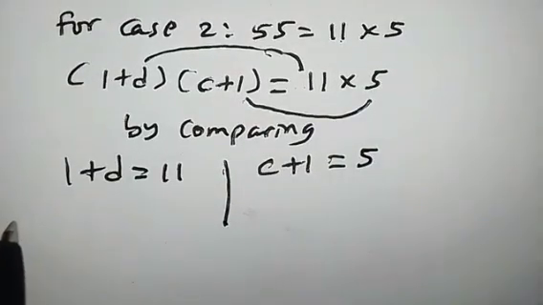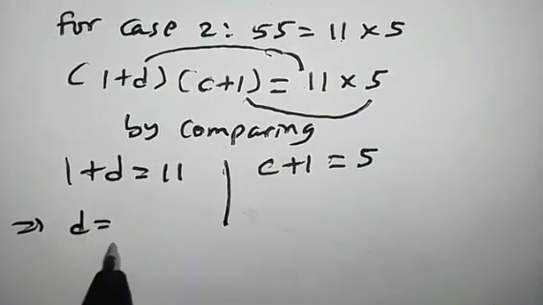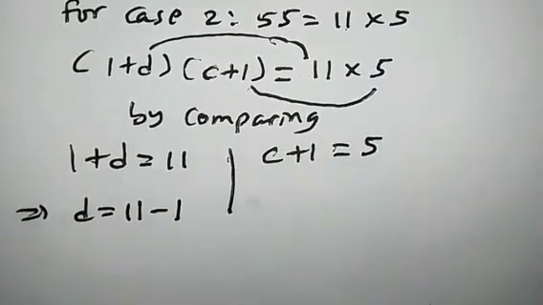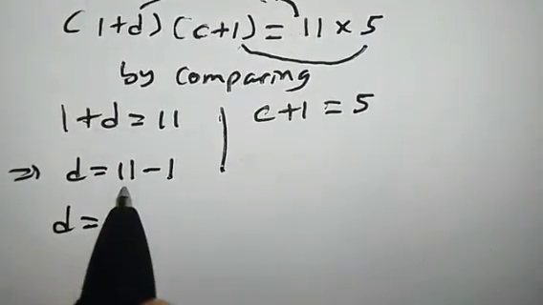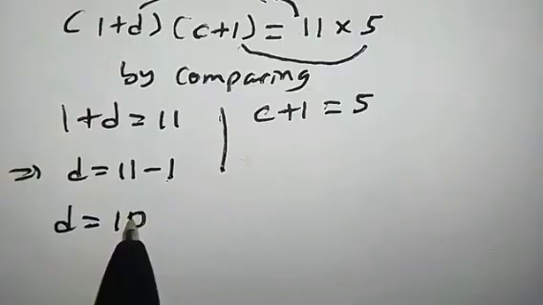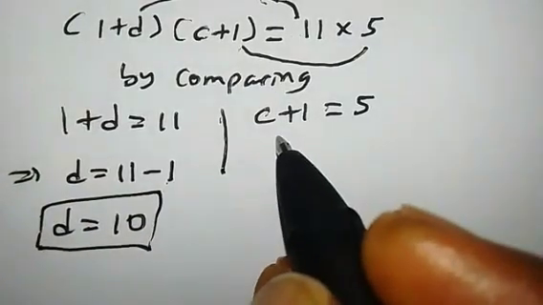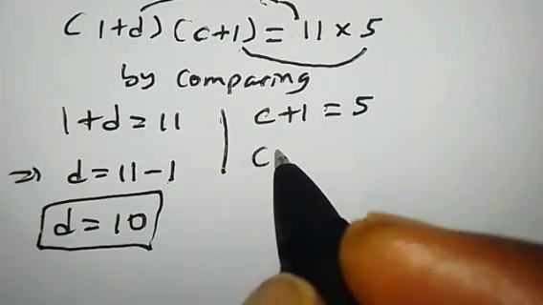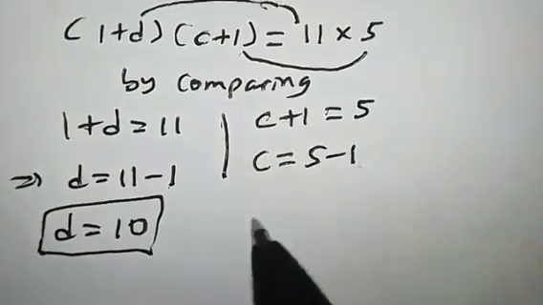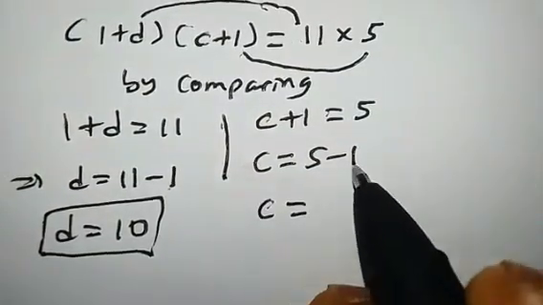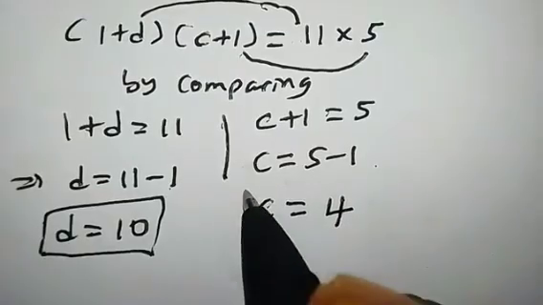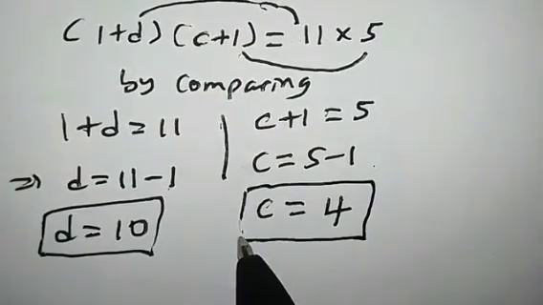From this line, it is obvious D is equal to 11 minus 1, that is 10. This is the value of D. Also, from this line, it is obvious C is equal to 5 minus 1, that is 4. This is the value of C.